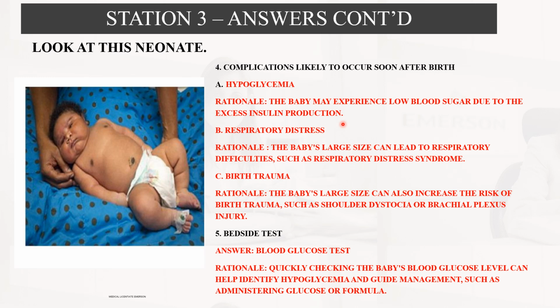After the child is born, the body will use up most of the glucose in the baby, and the number one thing that's going to come is hypoglycemia. If left untreated, the child might even die due to hypoglycemia.